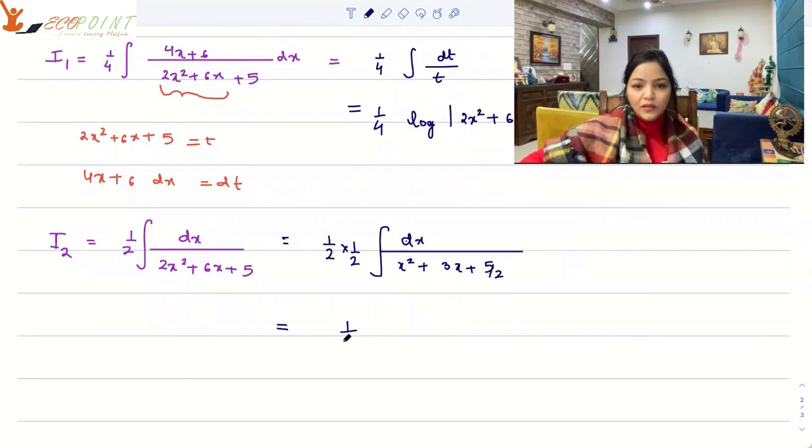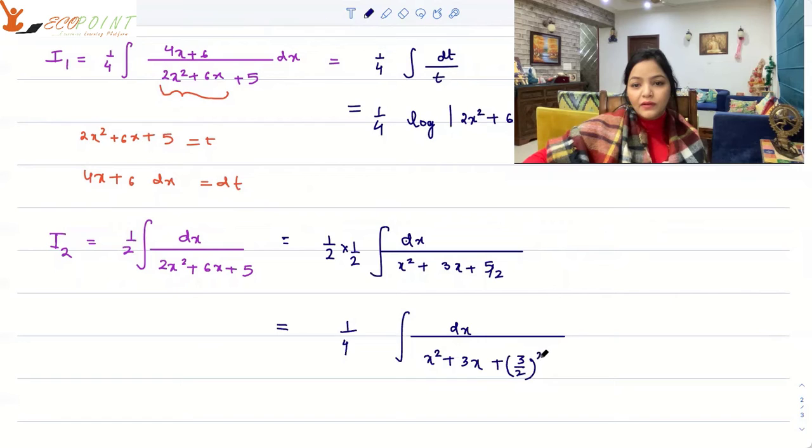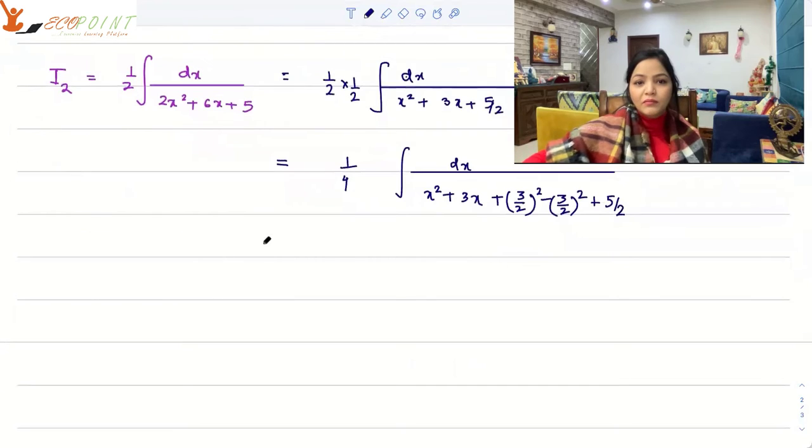And hence this will become 1 upon 4 and integral dx upon x square plus 3x, since you have 3x here. So that means what I'm going to do is I will add and subtract 3 by 2 whole square. So x square plus 3x plus 3 by 2 whole square minus 3 by 2 whole square plus 5 by 2.